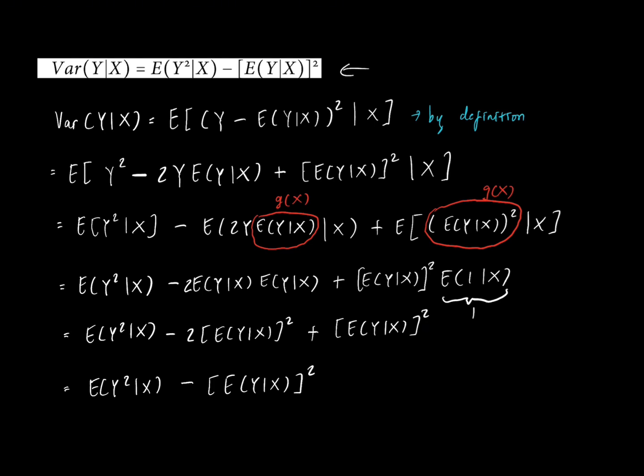So the variance of y given x is equal to the expectation of y squared given x, minus the expectation of y given x, everything to the power 2. So that is the proof for this theorem. Thank you.